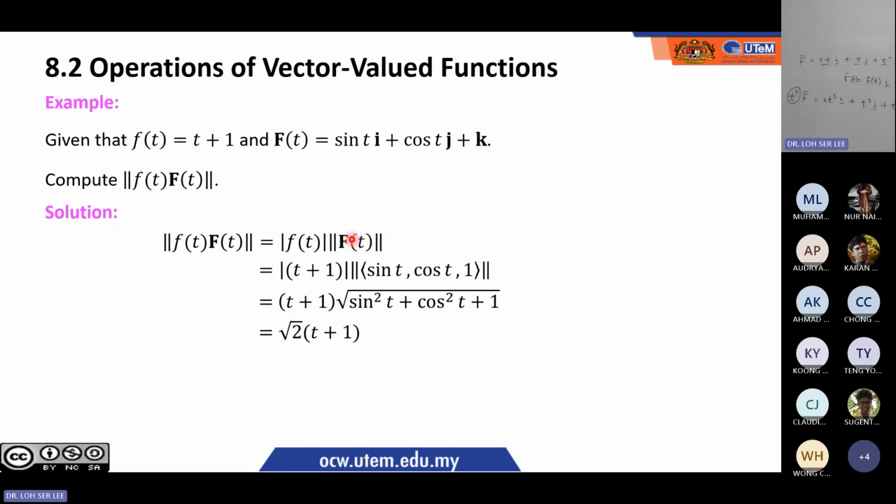And for the magnitude of the vector function, sine t, cos t, and 1, you square each component function and sum them up in the square root. Sine squared t plus cosine squared t is 1, so 1 plus 1 gives root 2, times this. The output of the magnitude is not a vector; it is a scalar function. Any questions for this one?